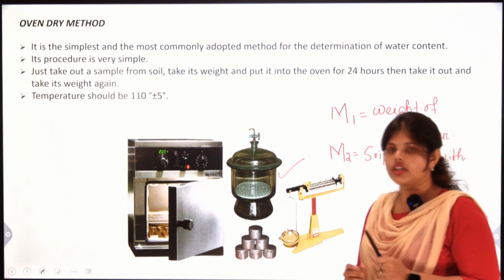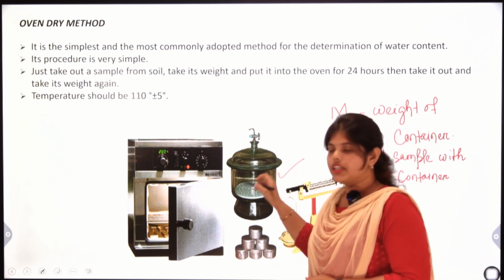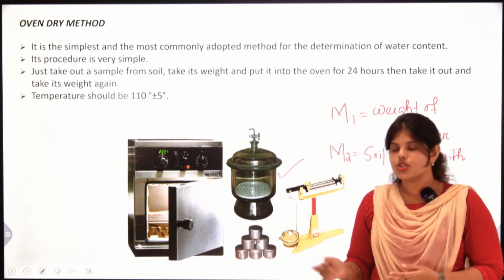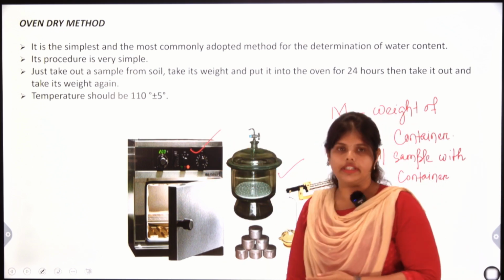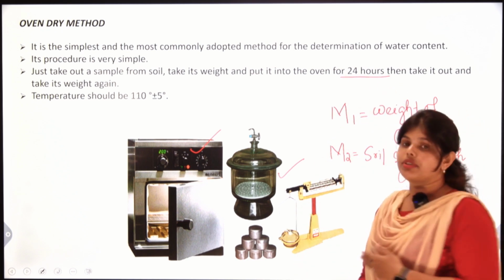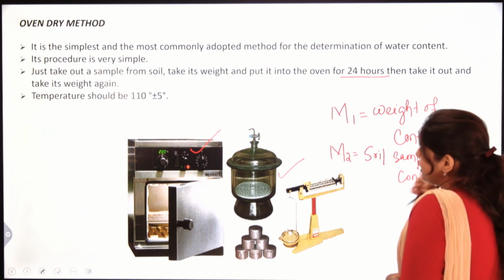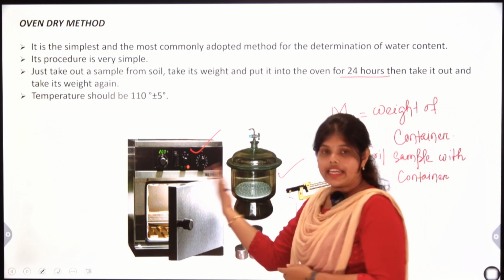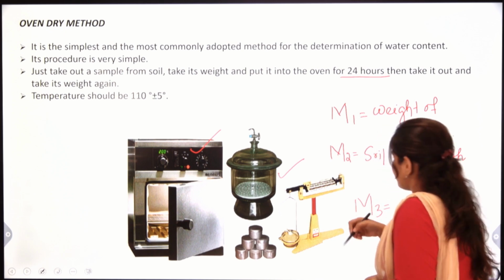Next we take the soil sample in this container. Next we put this container with soil in our oven for 24 hours. We need to remember, for 24 hours. Then we take it out and again weigh the sample after oven drying.